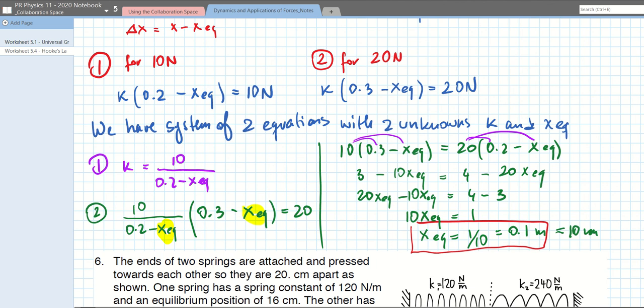So that's pretty much most of the work already done here. The last thing we need to do is find the k value. So don't forget about the k. We can go back to the first equation, the purple one, and plug in our x eq and solve for k.